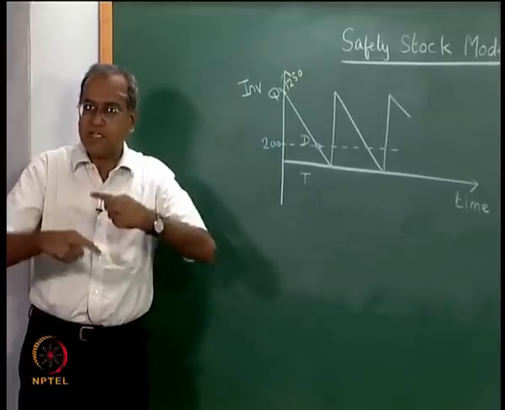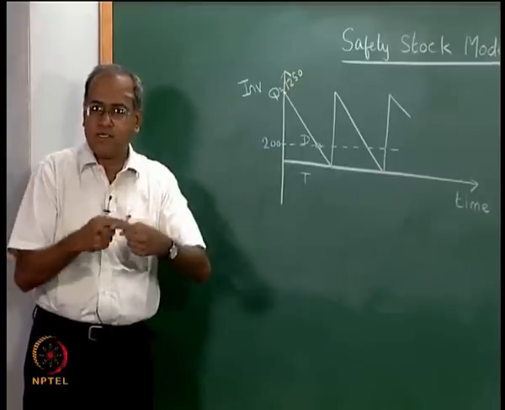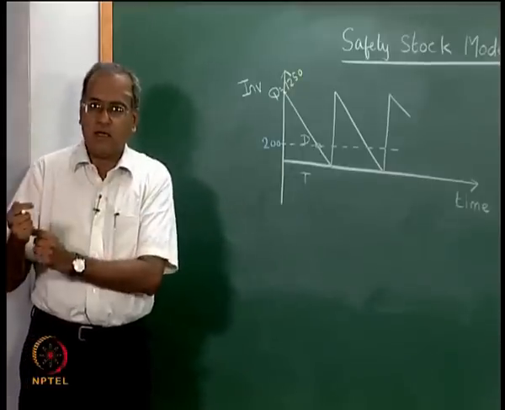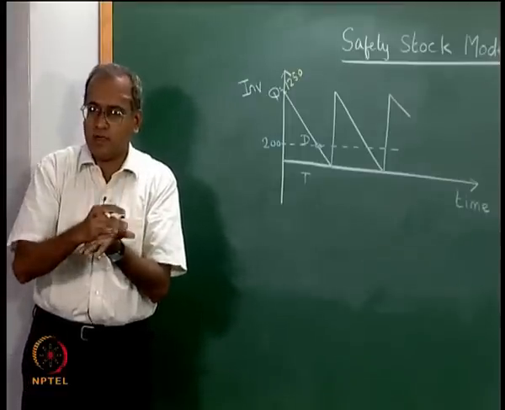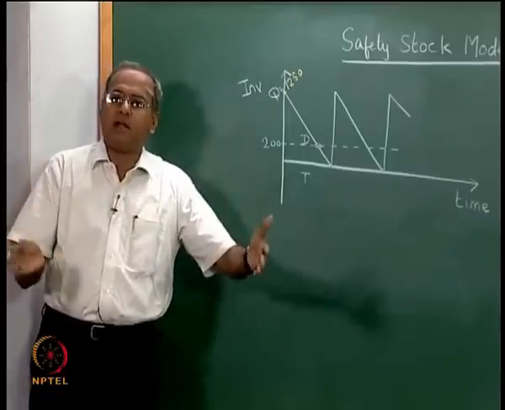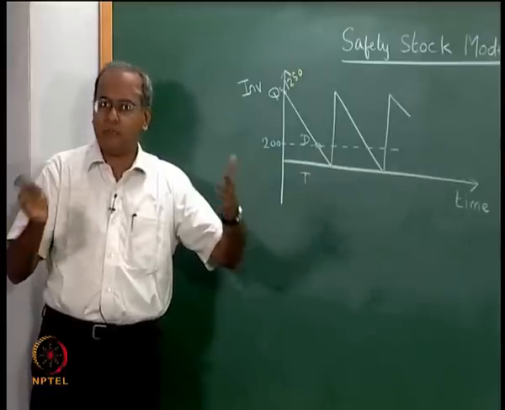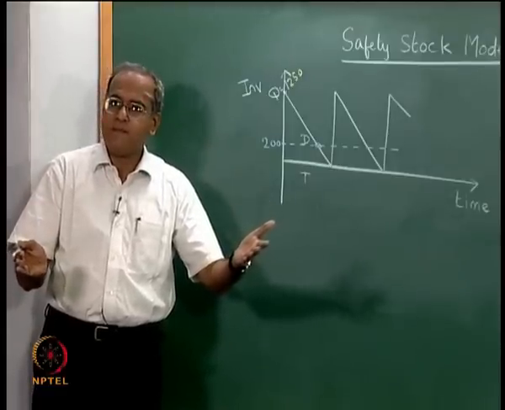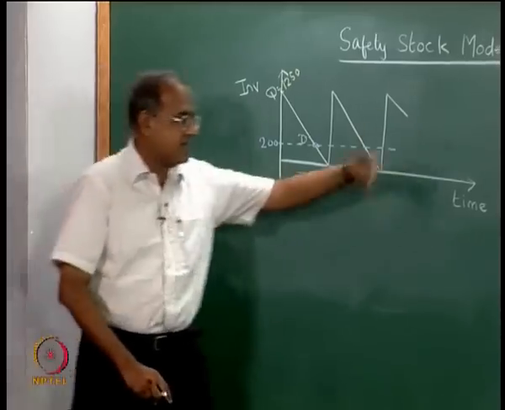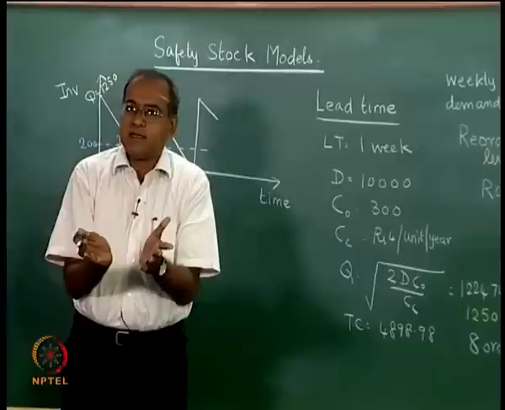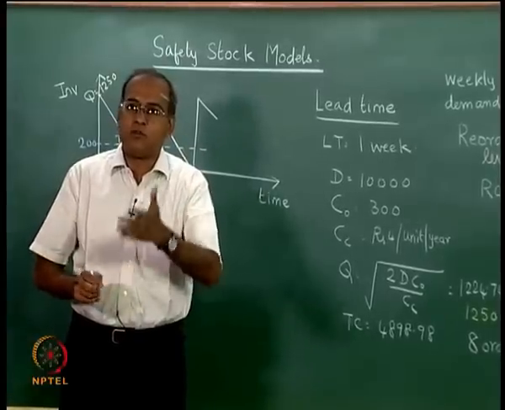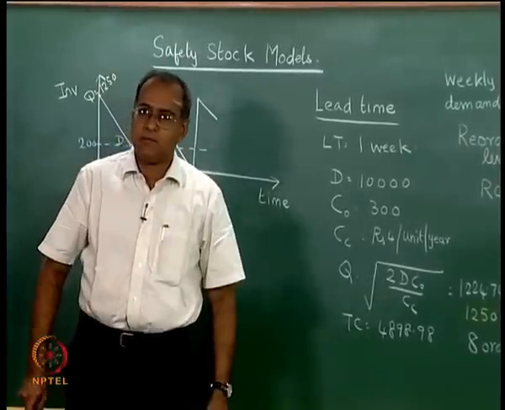But on an average, even though the demand fluctuates every week, the demand is going to be 200 every week. So, the expected demand for the year is going to be 10,000, and since we are going to have 8 cycles, we will be ordering 1250 in each cycle.